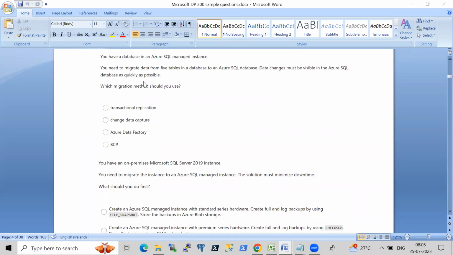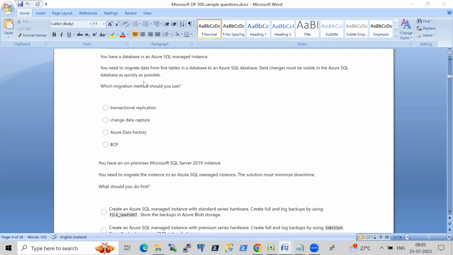And I'm giving you one more piece of information, guys. Managed instance can act as publisher, subscriber, and distributor. I repeat, managed instance can act as publisher, subscriber, and distributor. But Azure SQL can play the role of only subscriber.